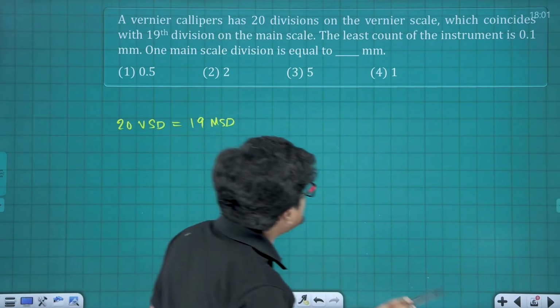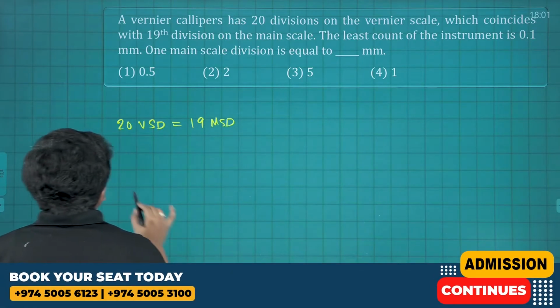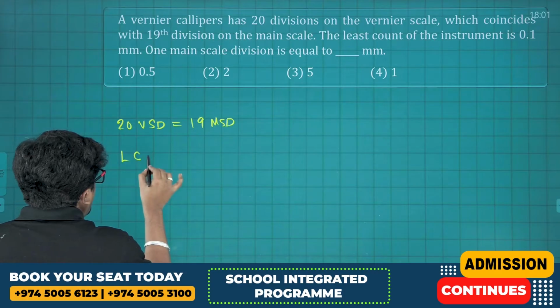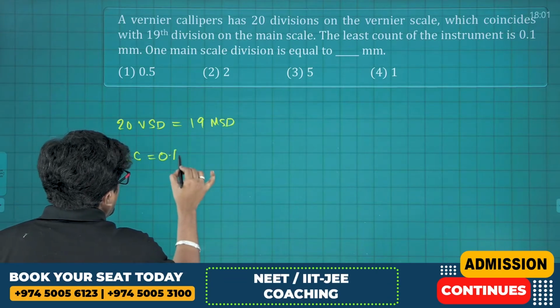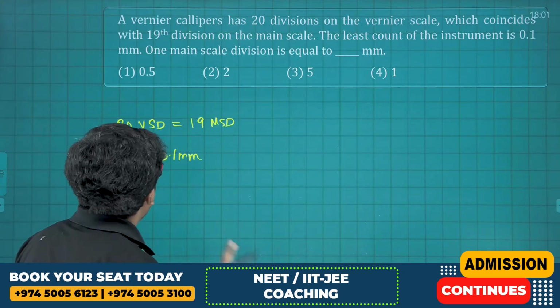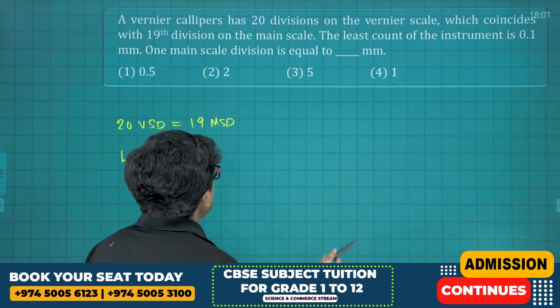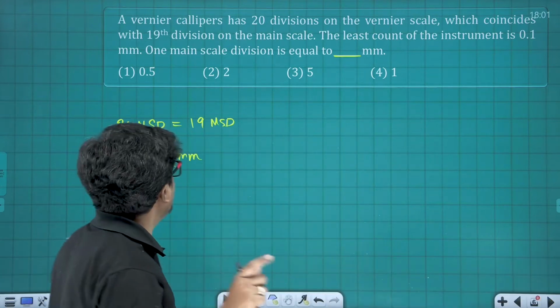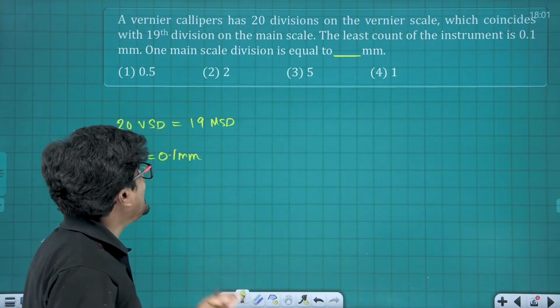The least count of the instrument is 0.1 mm. The question is, one main scale division is equal to how many millimeters? I repeat, one main scale division is equal to how many millimeters?